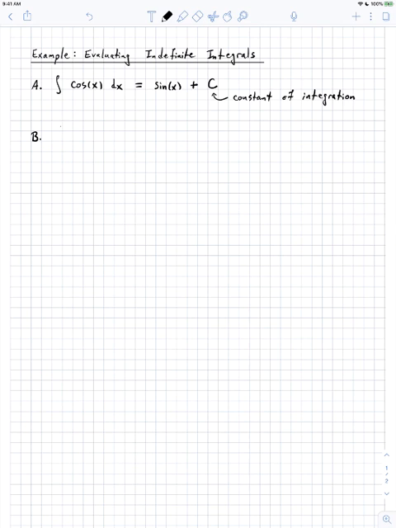Example B. Let's say we have the integral of, for example, x squared plus cosine of x dx. This one is slightly more complicated because it's not cosine x or x squared, it's the sum of the two.